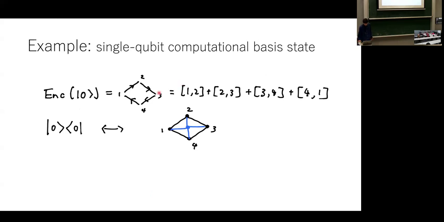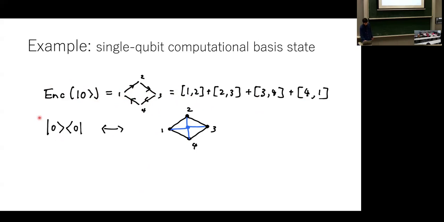Let me illustrate some examples. The encoding of the single qubit zero state corresponds to this cycle. This is a superposition of four edges, and it is a harmonic cycle of edges.